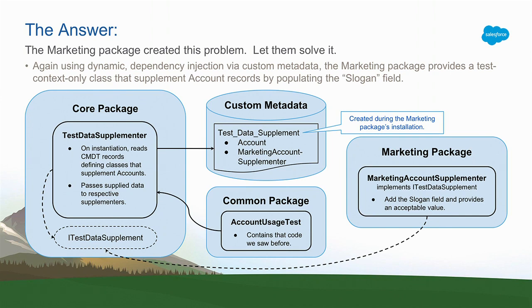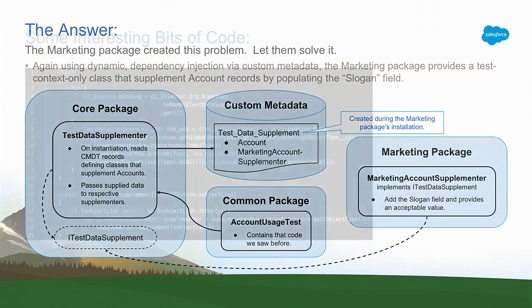And now, in there, it adds the slogan field to these accounts, gives it a sufficient value, or does whatever magic it needs to make it meet whatever requirements the marketing package knows about, passes it back through the test data supplementer, back to the account usage test, so that now I have an account that has all the stuff I need to go ahead and do my stuff. And it's not going to at least die because of the validation rule.